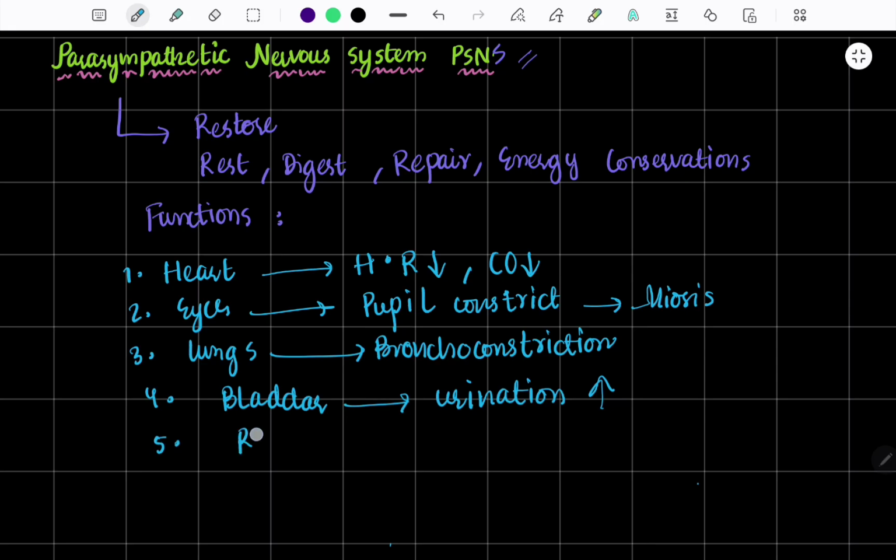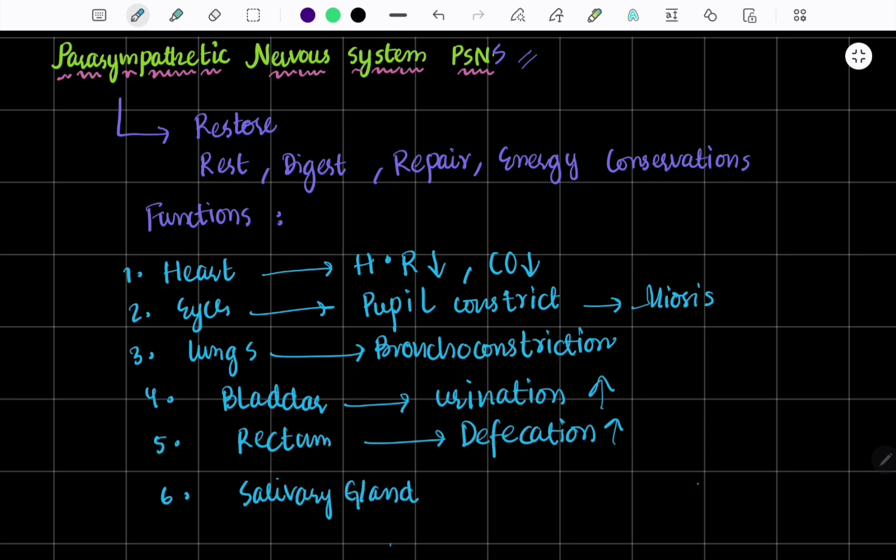When we talk about the rectum, there is more defecation. When we talk about the salivary glands, as I already told you, in the sympathetic system the sweat glands were stimulated and activated and the sweating was more. When we talk about parasympathetic, then there is more salivation. You have to remember that salivation increases.